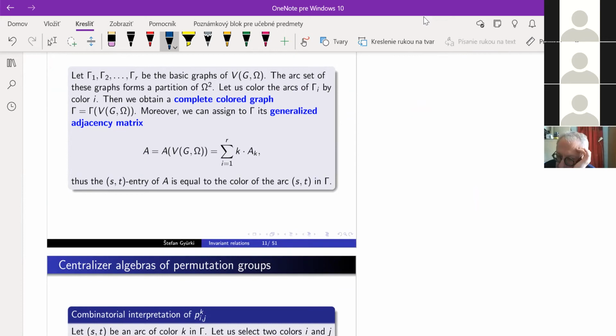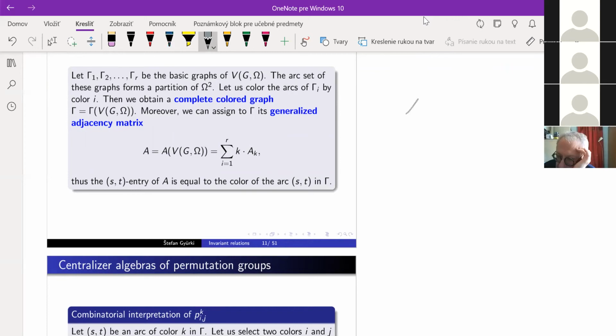We can now assign a color i to the ith basic graph and color the corresponding arc with this color. In this manner, we can assign to each dart of the complete graph with loops one color.